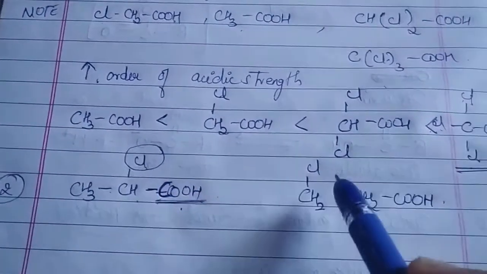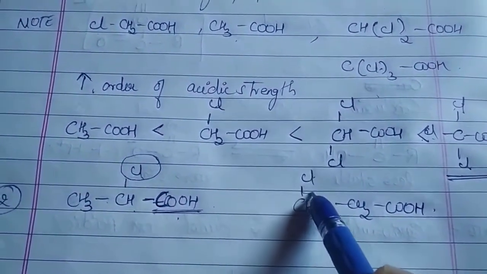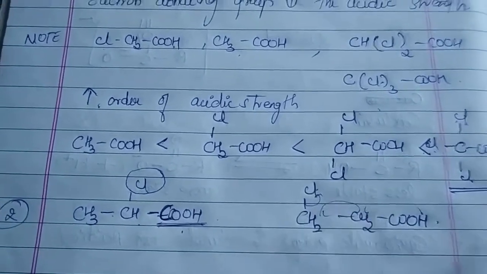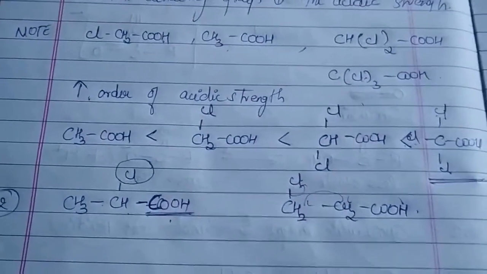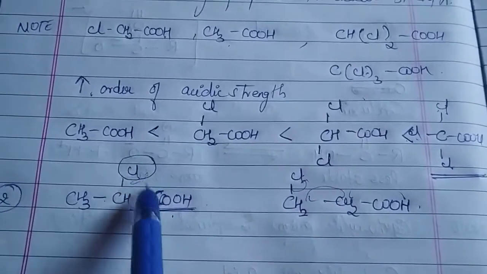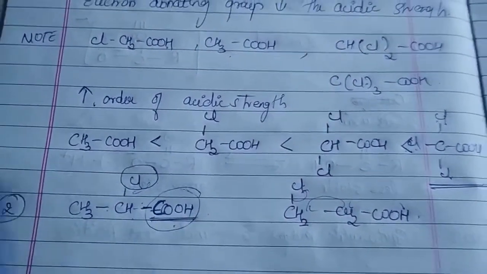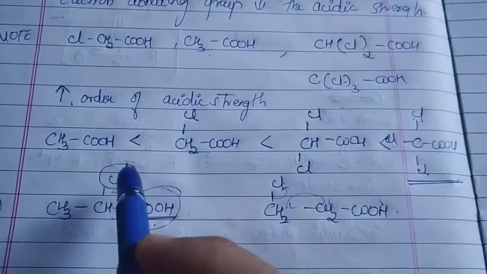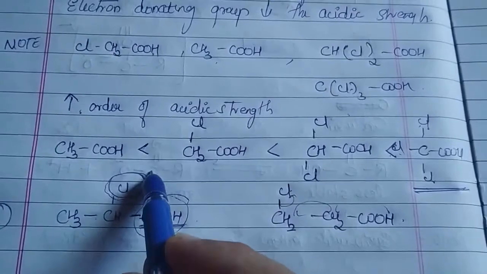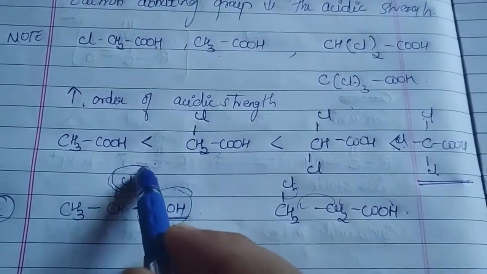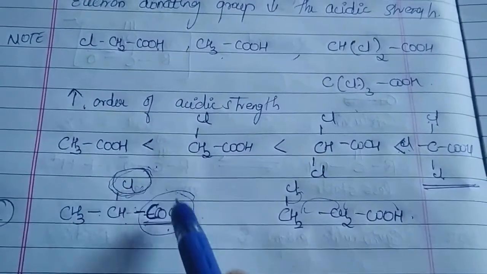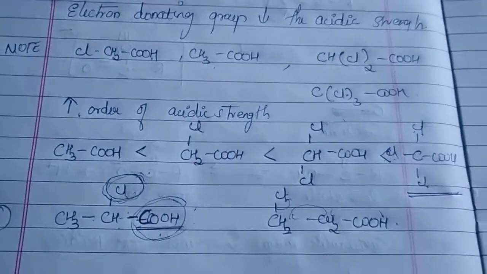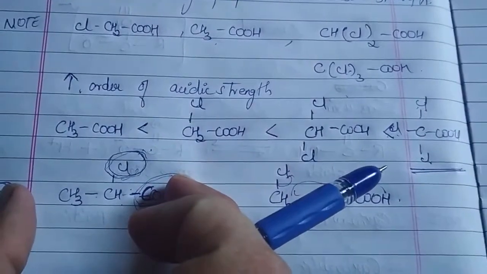Why? Because in the 3-chloro case, the effect has to shift through the bond and come over here, whereas in the 2-chloro case it is directly in coordination with your carboxylic group. So the closer the electron withdrawing group is to your carboxylic acid, the higher the acidic strength of those compounds. Is that clear?